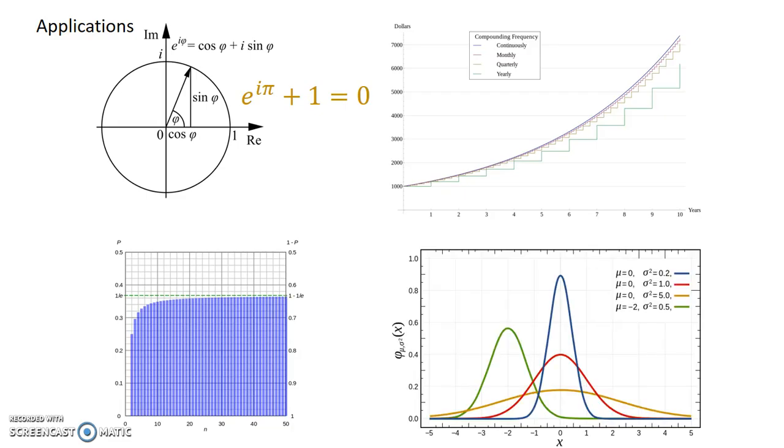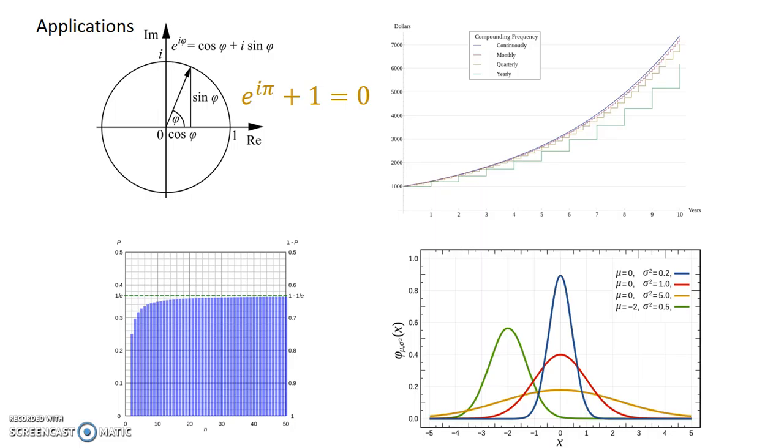The prime example is with these bell-shaped curves, which are normal distributions, and they get this shape as a function that involves e. You can't do it without e.